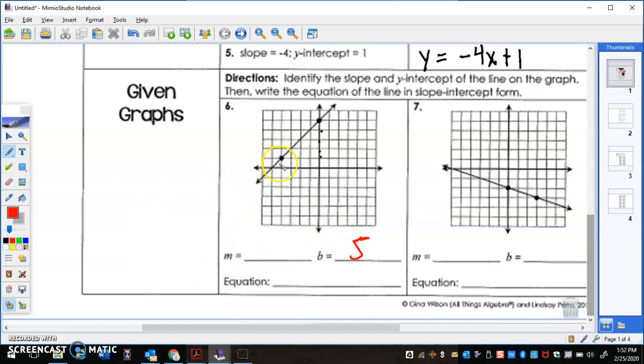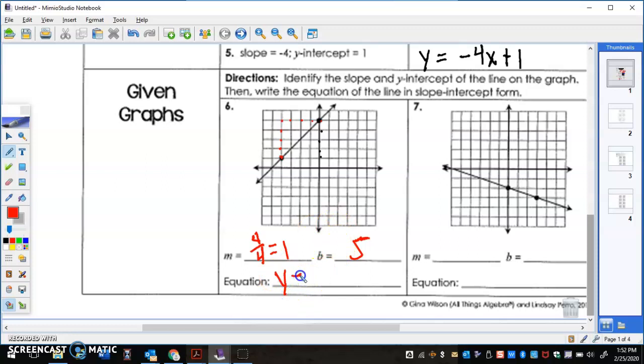And the slope is rise over run to get from one point to the other. So if I rise 1, 2, 3, 4, and I run 1, 2, 3, 4, and it's positive over positive, rise over run would be 4 over 4, which is 1. So the slope is 1, the y-intercept is 5.